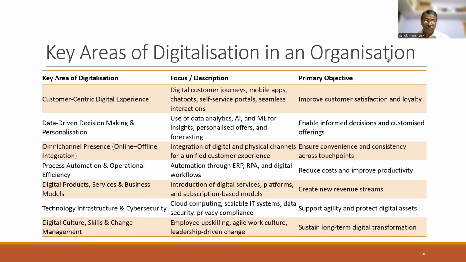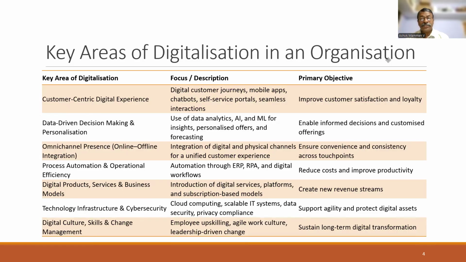Sometimes customers will search offline and buy online, and it can be the other way around also, where you search online and then buy offline. From the company side, they try to create an omni-channel presence there.